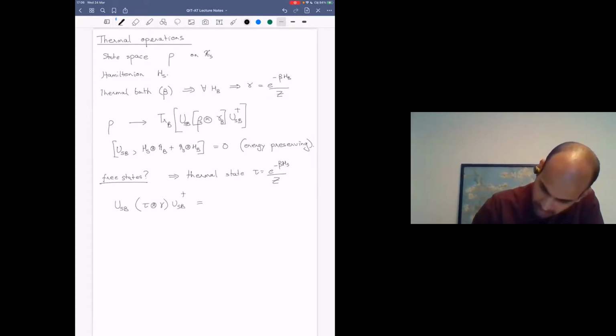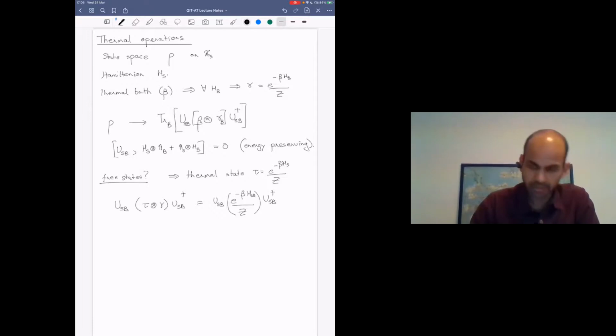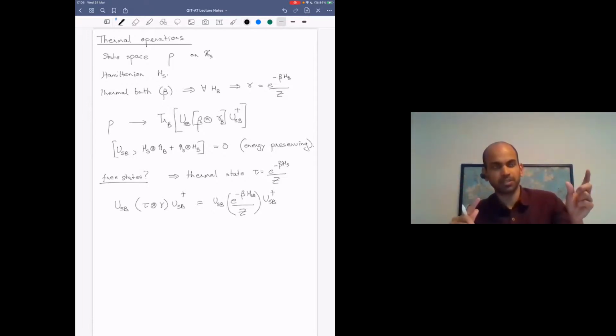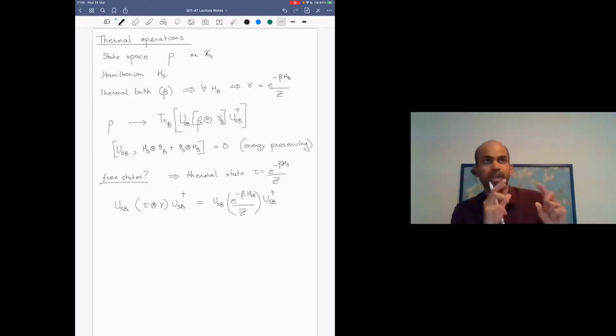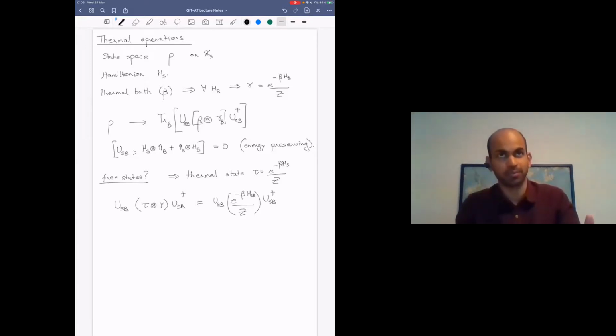This is the same as U_SB acting on the state e to the minus beta on the total Hamiltonian H system bath upon Z, because if you take two thermal states at the same temperature and you take the tensor product, you get a thermal state also at the same temperature.